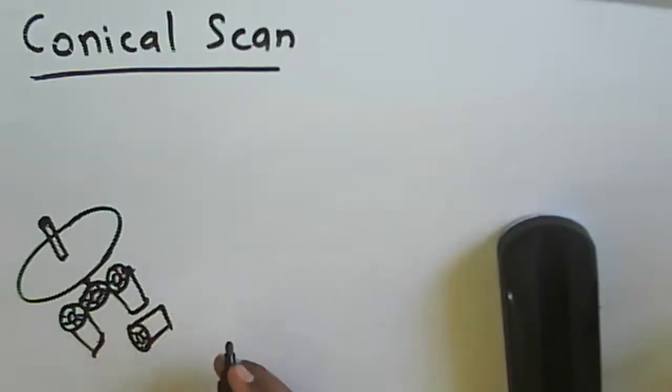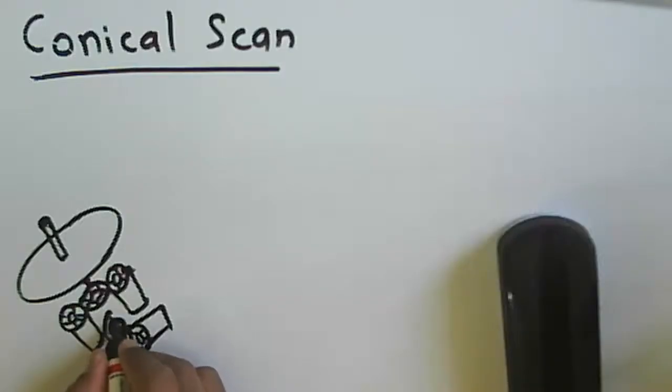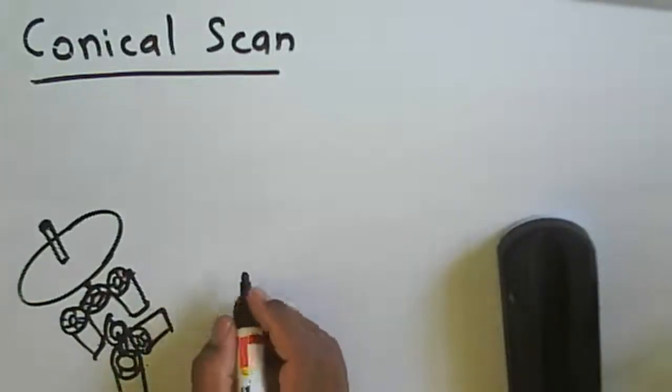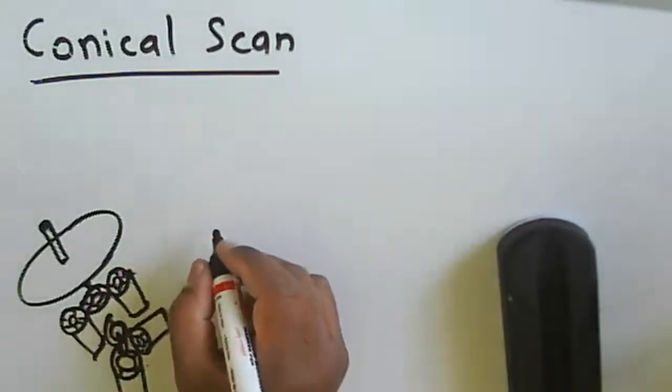So we consider different types of rotation in different ways. How many servo motors do we require for rotating the antenna? We consider a rotation like this.